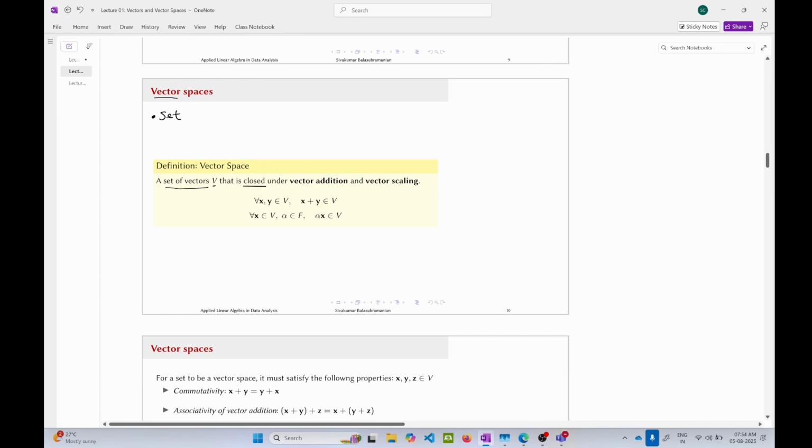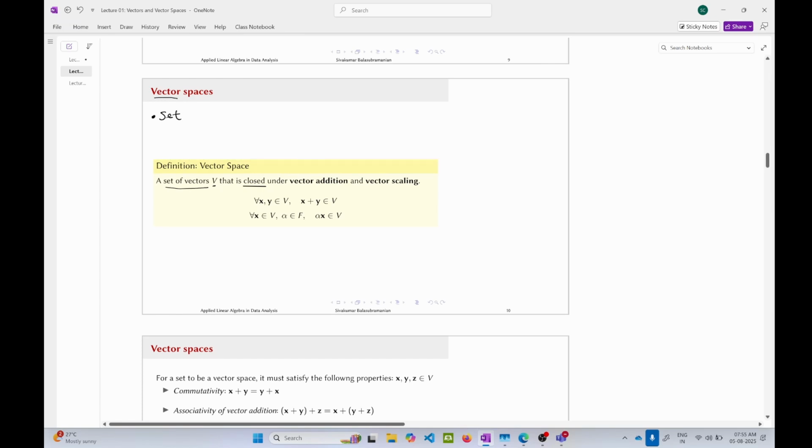If this is satisfied for any possible vector that I pull out and any possible number I multiply it with, then I would say that this set is closed under scalar multiplication. That means if I take any element and do scalar multiplication, I will still stay in that set. I won't go outside the set. That's what closed means.